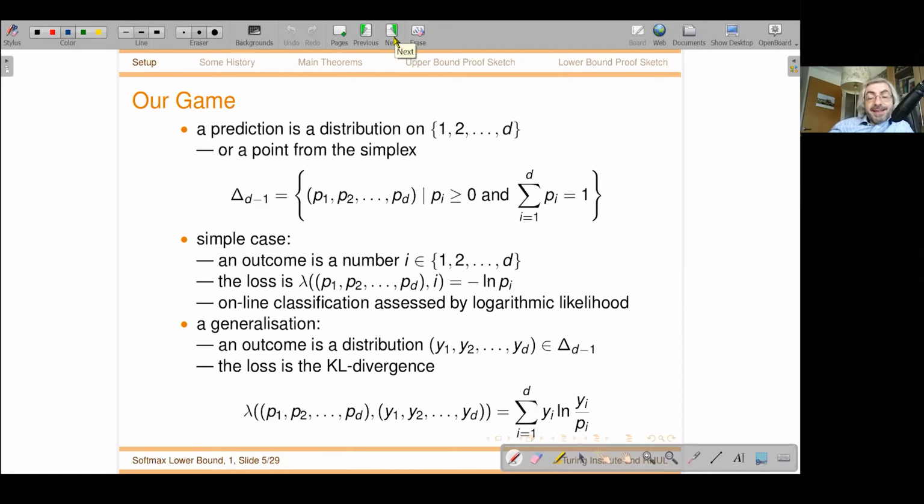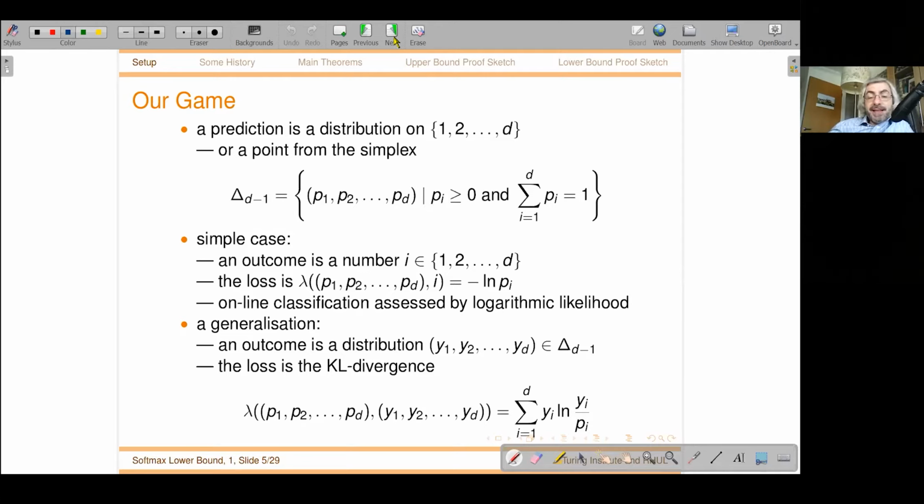In this paper, the predictions will be distributions on a finite set. So a prediction is a distribution, or a point from the simplex. Now, what is the outcome? You can consider two cases here, a simple case and some generalization.